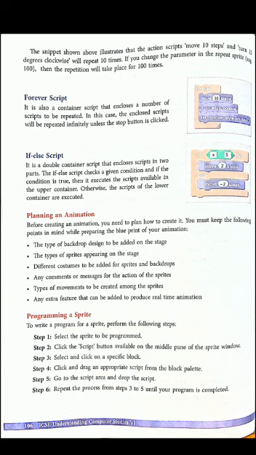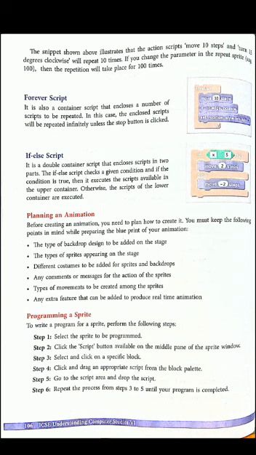The type of backdrop design to be added on the stage, what kind of background you want, the types of sprites appearing on the stage, different costumes to be added for sprites and backdrops, any commands or messages for the action of the sprites, types of movements to be created among the sprites, and any extra feature that can be added to produce a real-time animation. There are various ways. These are the stepwise planning you should follow to make your Scratch animation more attractive.